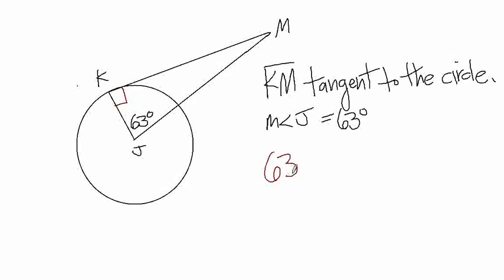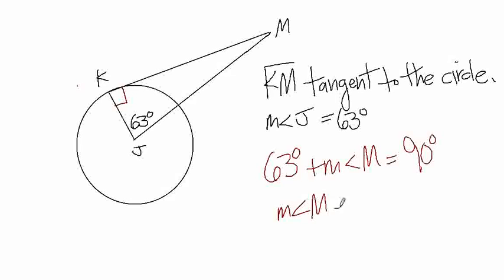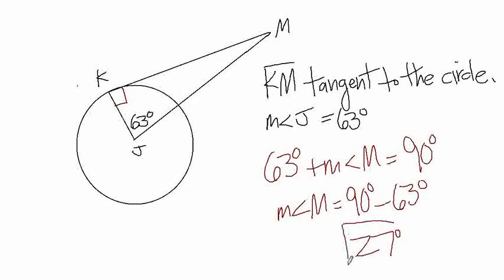So that means that 63 degrees plus the measure of angle M has to equal 90 degrees, and then the other 90 degrees comes from the right angle. So the measure of angle M is equal to 90 degrees minus 63 degrees, which gives 27 degrees.